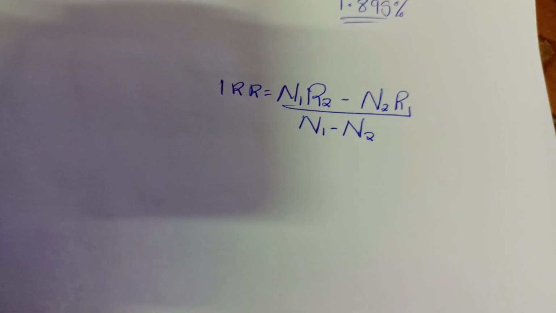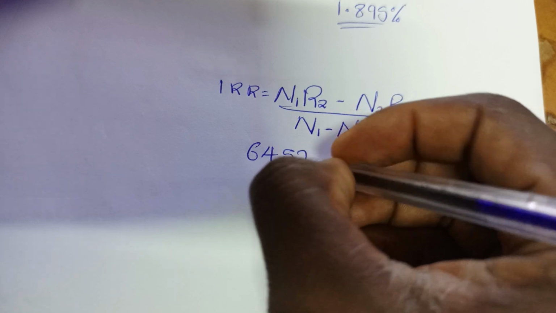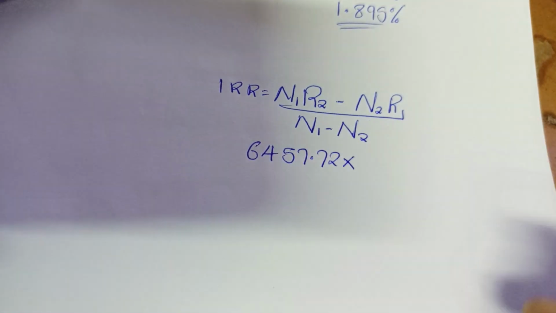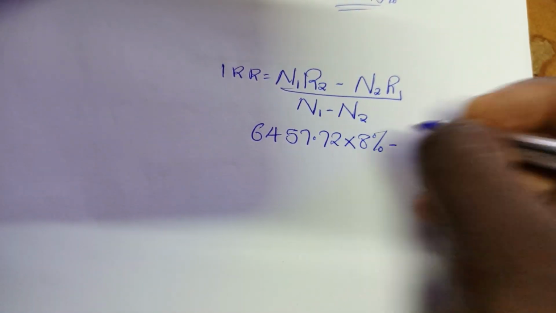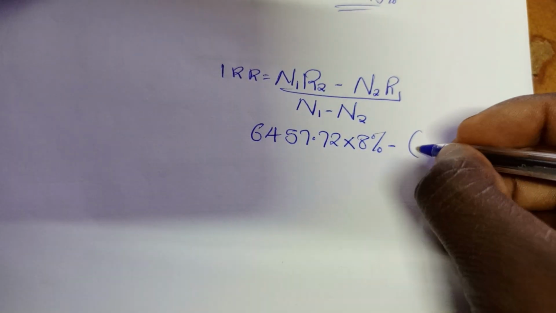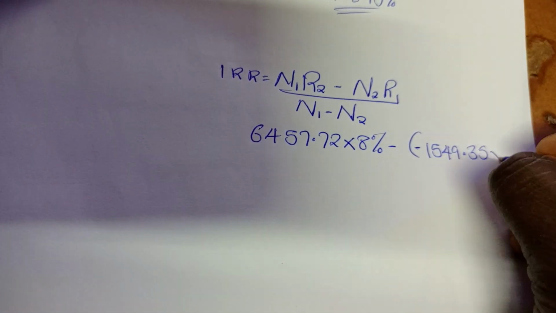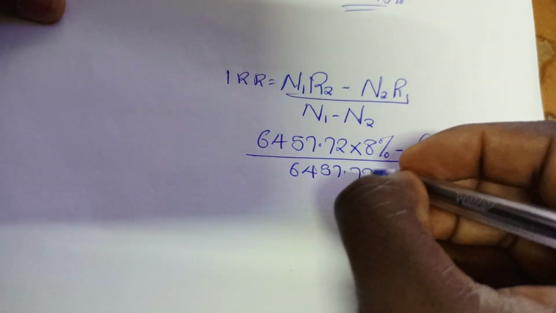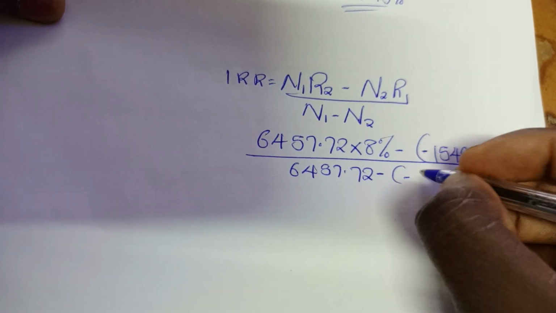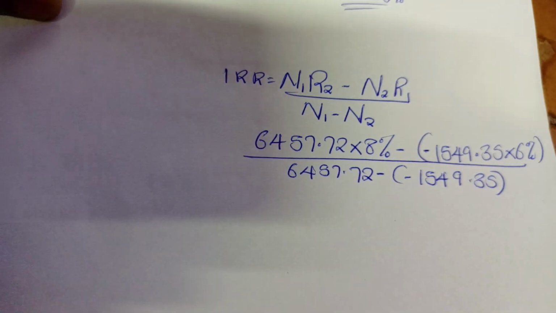So N1 for project B was 6,457.72 multiplied by the R2 we used, which was 8%, minus the net present value for project B, which was negative 1,549.35 multiplied by 6%, over 6,457.72 minus this. Then from here we can just punch.